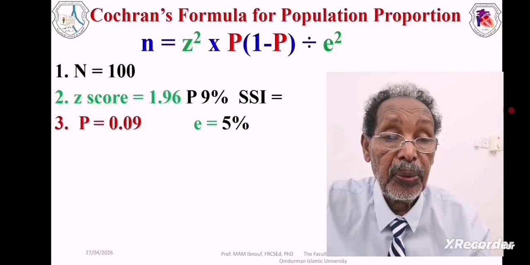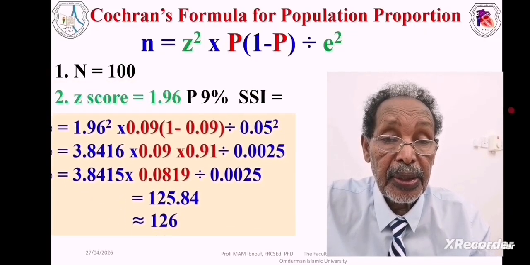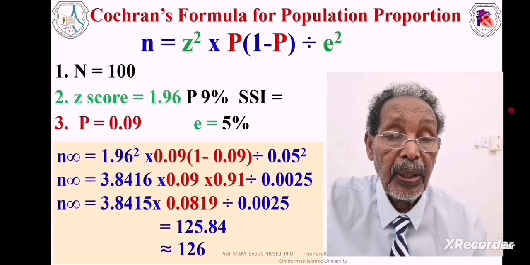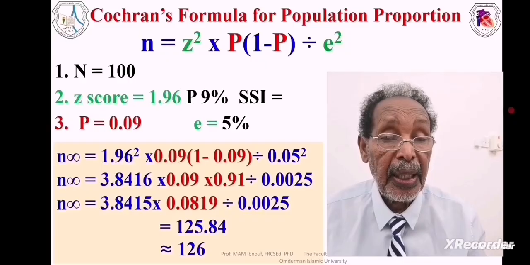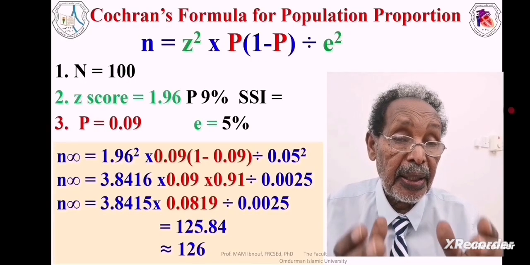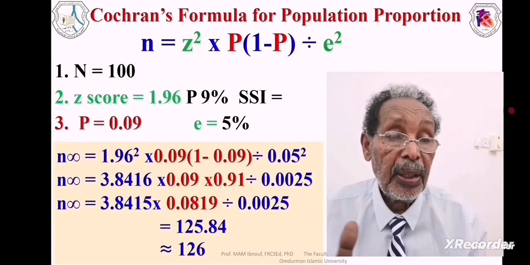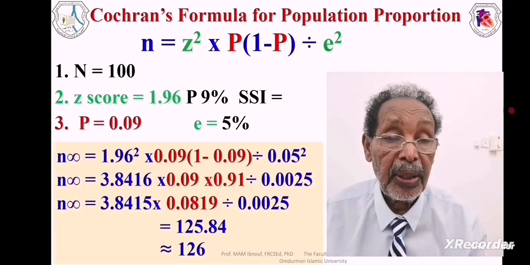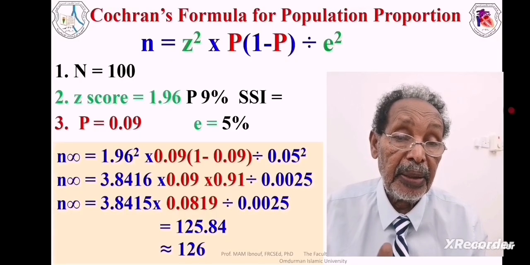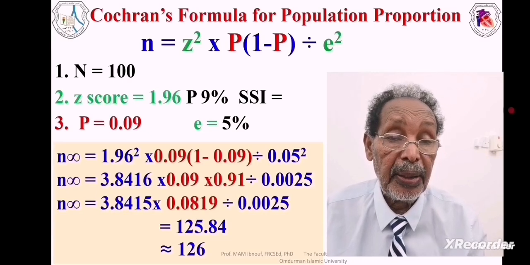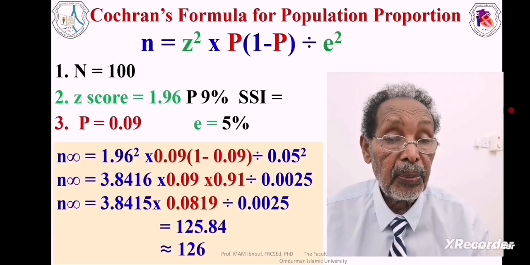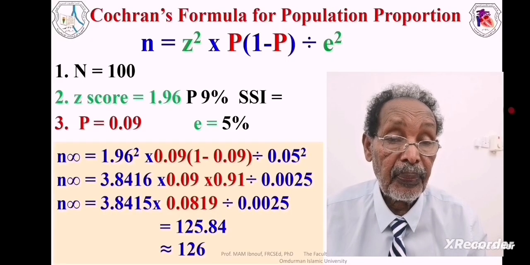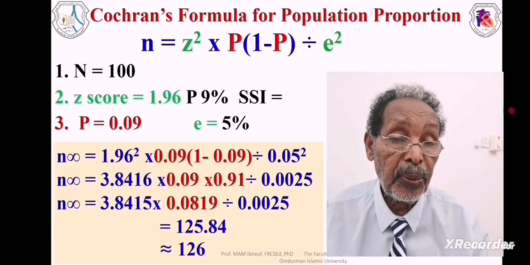And if we continue with the red figures, the proportion multiplied by 1 minus the proportion, 0.09 multiplied by 1 minus 0.09 will be 0.09 multiplied by 0.91, and this will be 0.819.